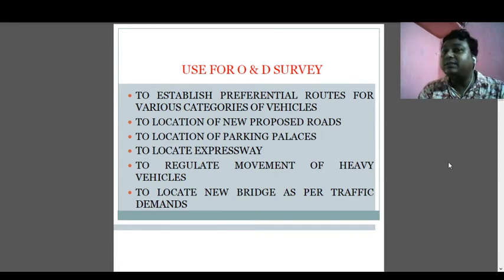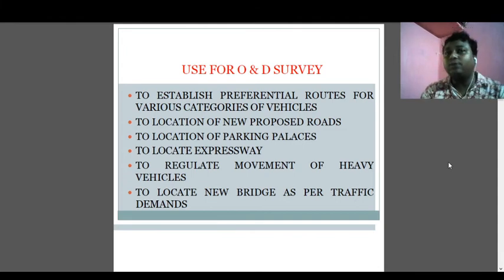The next thing is what is the reason that the commuters or the users prefer them. Suppose there are three alternatives A, B and C. Suppose at the end of the day I have collected total data of 2000 vehicles.